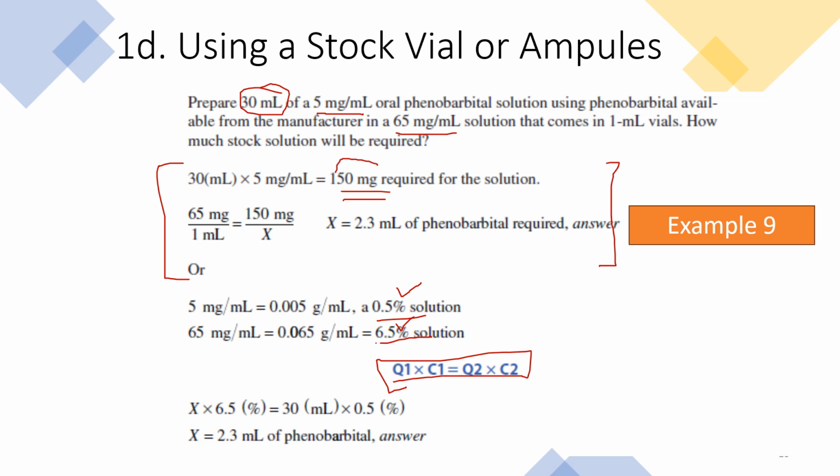So in 150 mg of the phenobarbital, how much ml is that? By using the information in the second statement, you get the volume of the phenobarbital equal to 2.3 ml, which is equal to when you use the Q1C1 and Q2C2 formula.